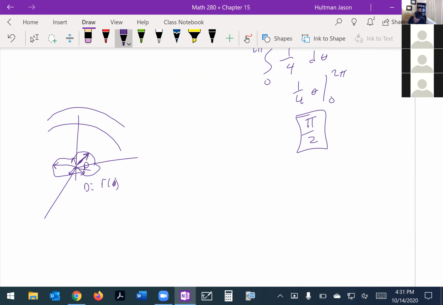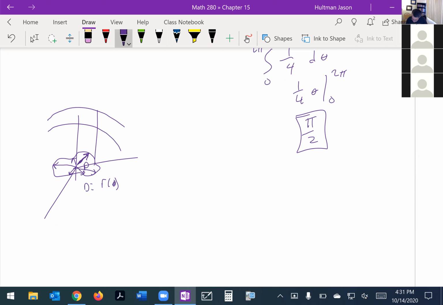As theta moves, how does r move? r is going to be dictated by theta. So as we trace this thing out, how does r move with respect to theta? Theta is the independent variable, r is the dependent variable, and it's going to sweep out this area that we're integrating over.